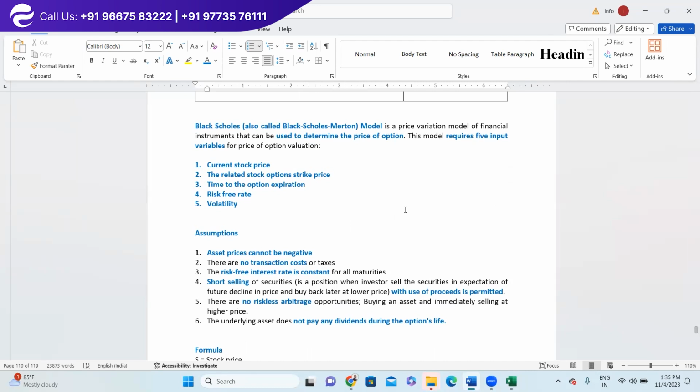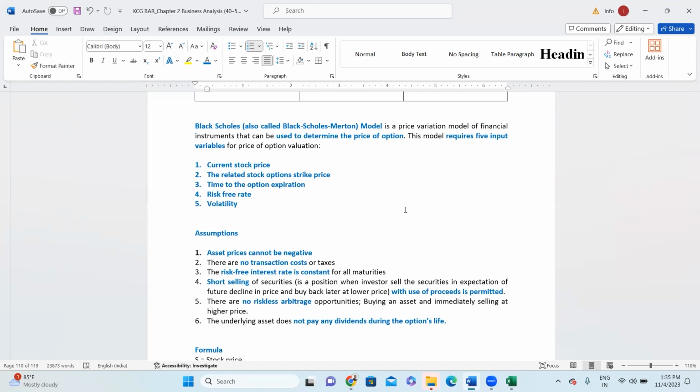First thing is the Black-Scholes model you will be using for call option and put option. And then second thing is 5 input requirements: your current stock price, related stock price or strike price, time of the option expiration, risk-free rate of interest, and the market volatility. Then you need to keep 6 assumptions in mind.